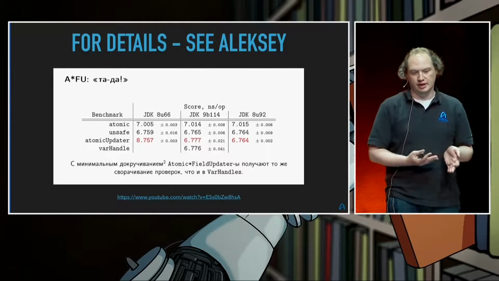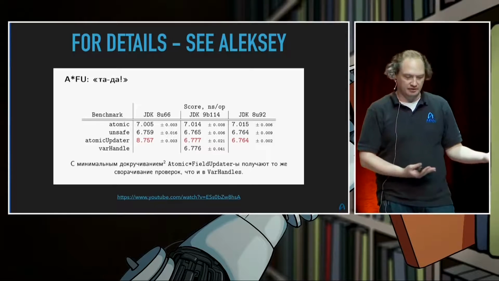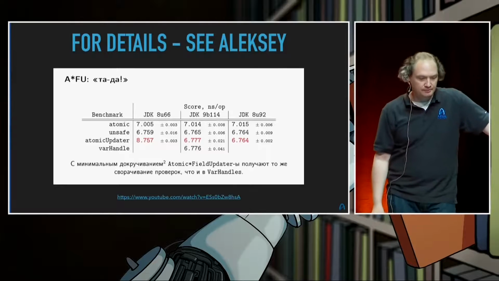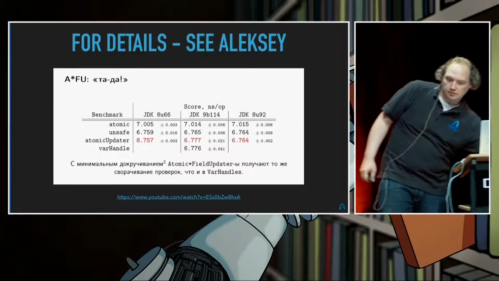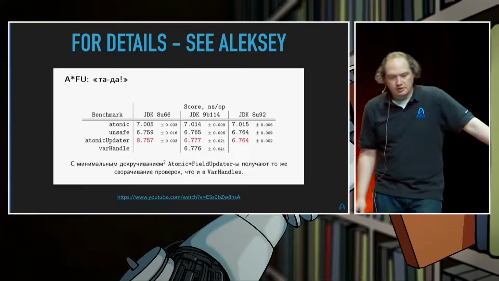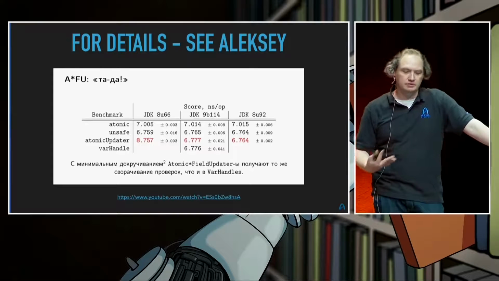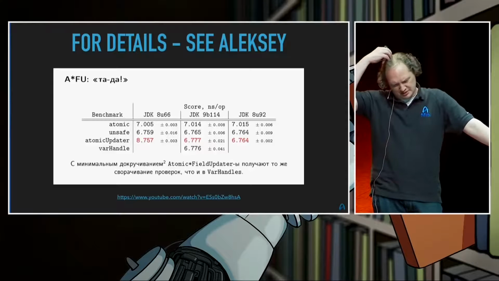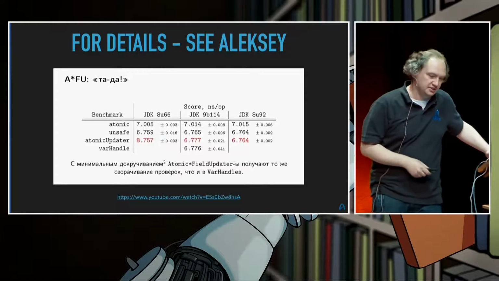And even up to 8u66, it was the slowest way. 8.7 versus 6.7 for Unsafe. In 8u92, things got a little closer. And then by Java 9, we're looking pretty good. So I guess we didn't really need to do this. Well, no, it's still nice to have a public API with these capabilities.